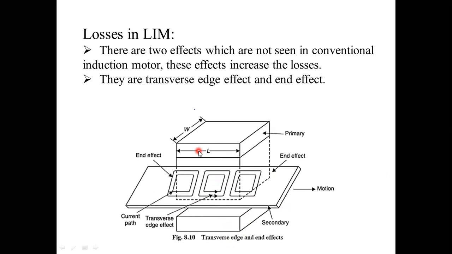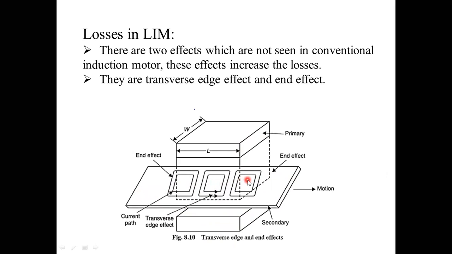Here, if you see, this is the primary and this is the secondary, with the iron back for the primary. Here the linear secondary is an aluminum sheet.